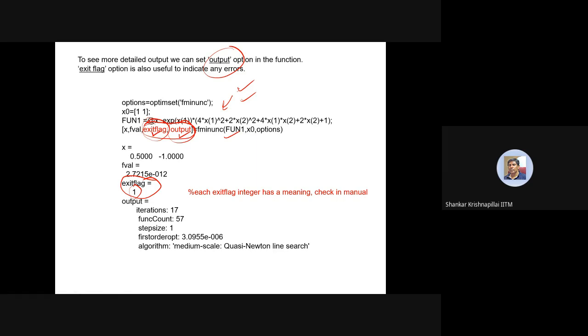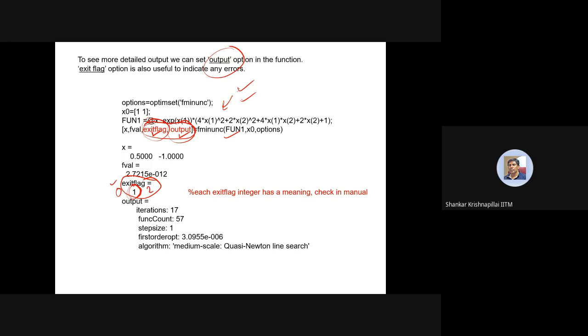The meaning of the exit flag is given in the help command. Each integer has a particular meaning. Exit flag 1 may mean that the function has converged properly and the answer is correct. Exit flag 0 may mean that some error has occurred, like divide by 0, or it has gone into some negative region.